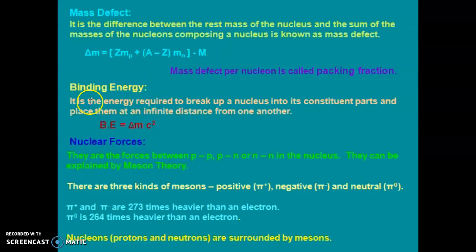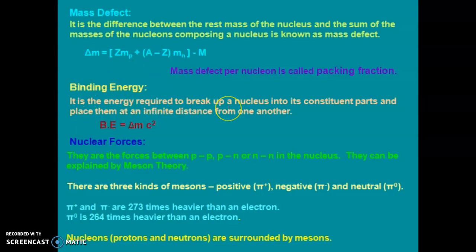Now the second term, binding energy. As we saw, some of the mass is destroyed, and from Einstein's mass-energy relation, if there is a destruction of mass, there will be production of energy. This energy is termed binding energy.